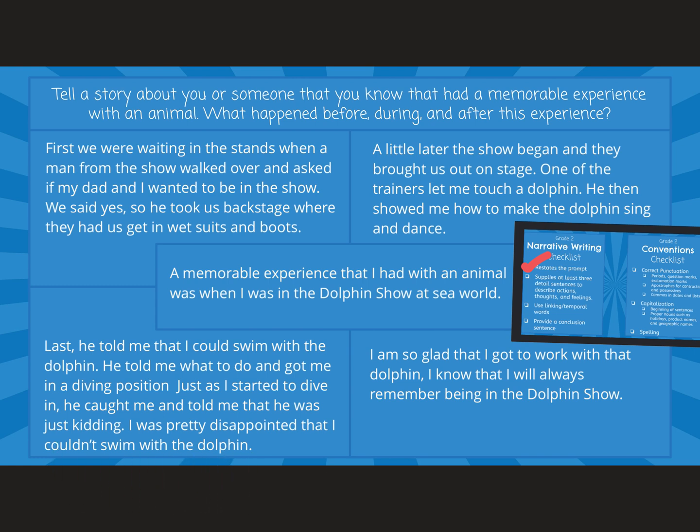Okay, and I did add extra sentences because I felt like my story needed more. I wanted to explain more what was going on. And while I was reading these extra detail sentences, I noticed that in my second detail sentence over here, I say that he showed me how to make the dolphin sing and dance, but that's just saying he showed me.